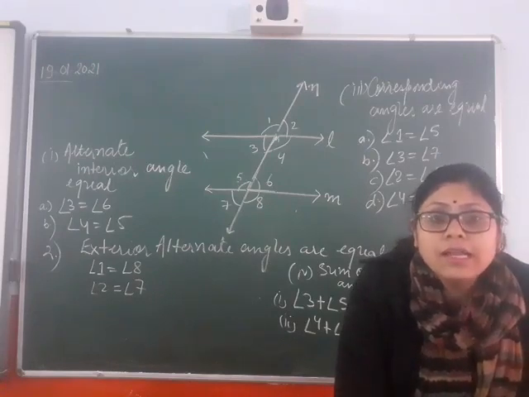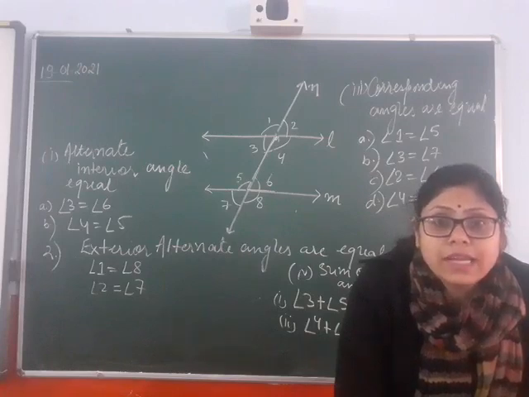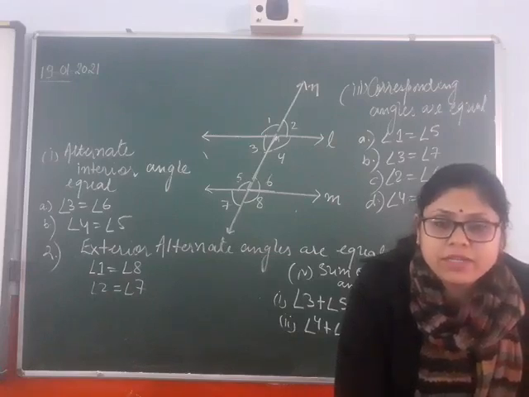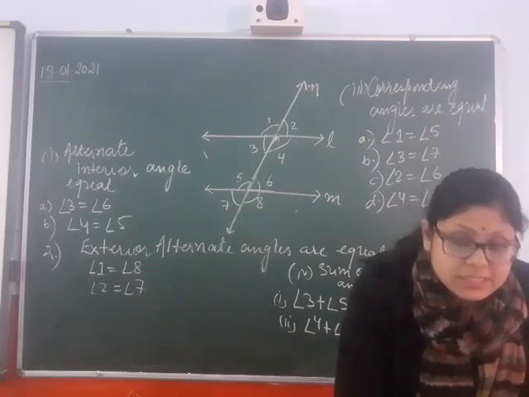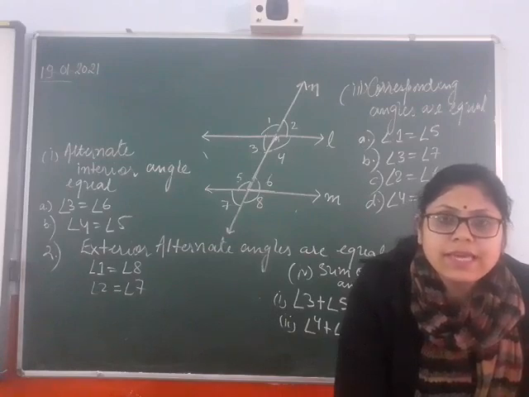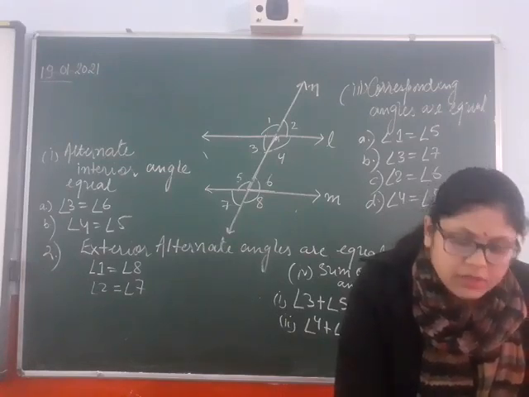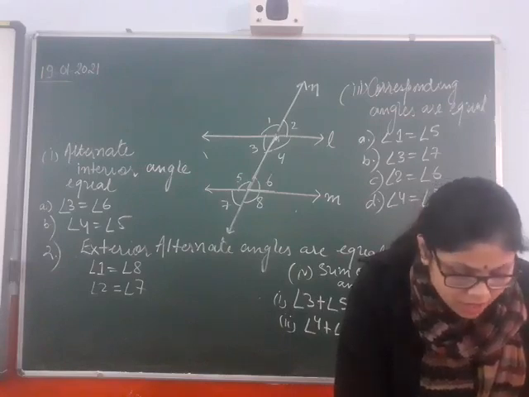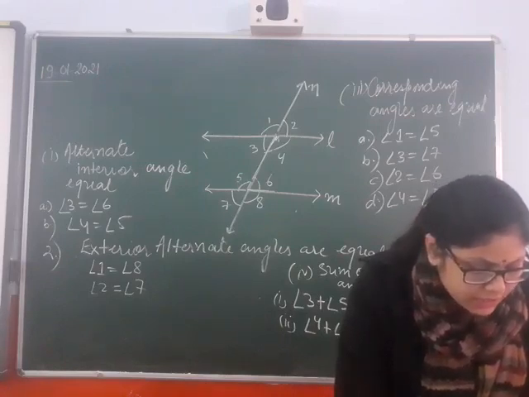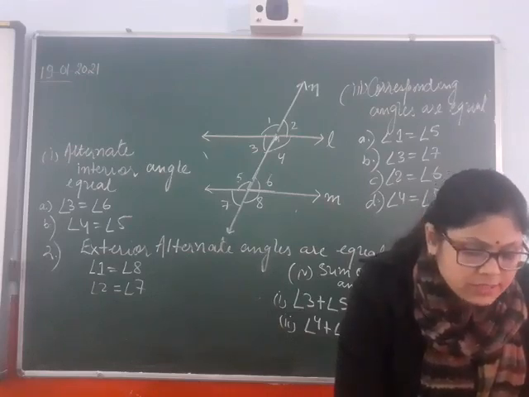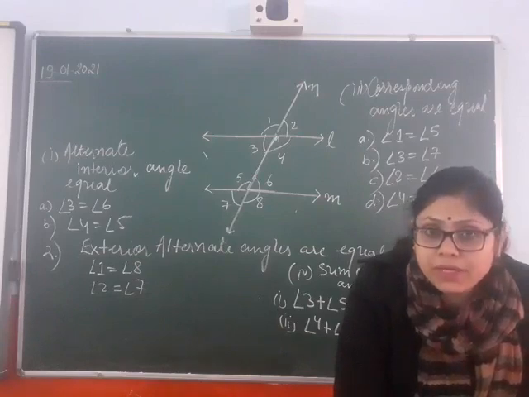Instead of writing L and M, the lines are named AB and CD, and they are cut by transversal EF, as shown in the figure. Now identify the given pairs of angles as adjacent angles. Adjacent angles we did in exercise 17B.